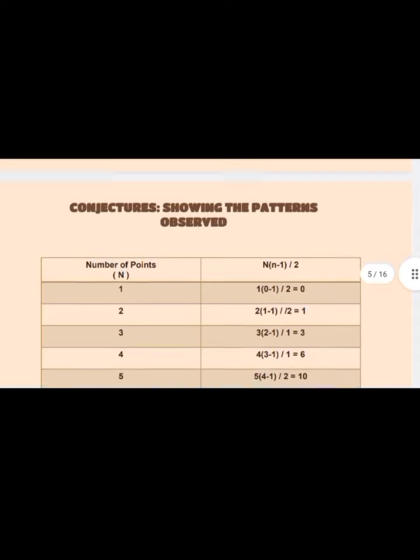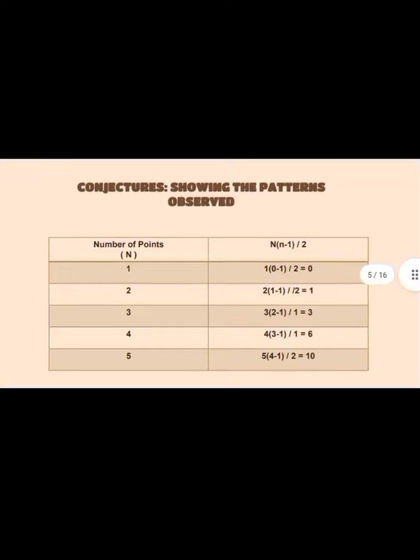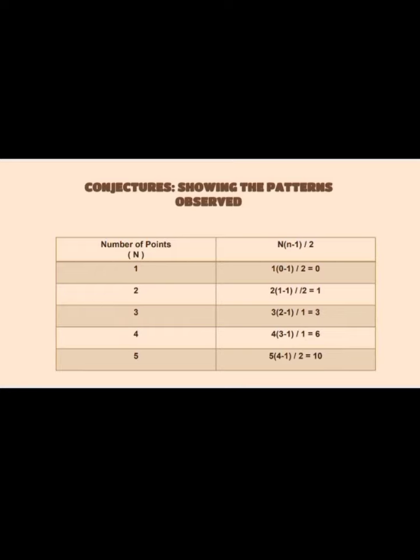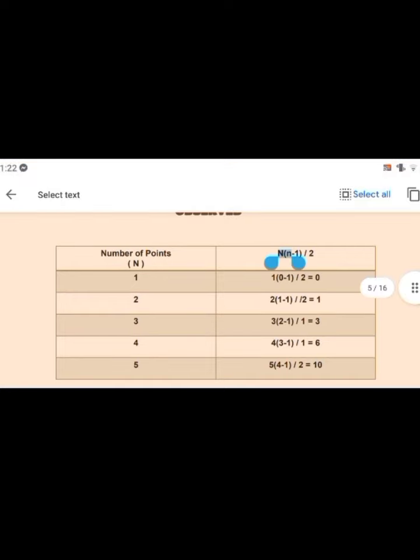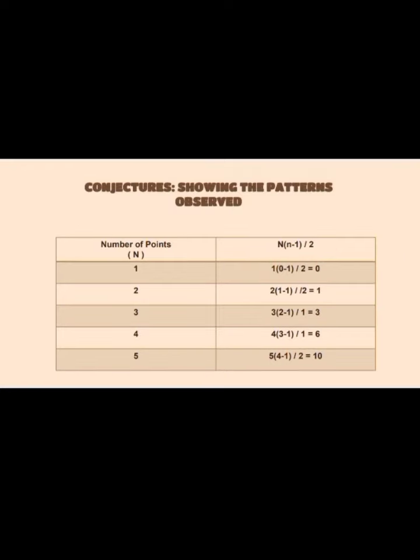Then in the conjectures, we are going to show the patterns being observed. So how are we going to do it in an easier way to determine the chords? It's the same number of points, which is the n. So here's the formula that you are going to use in determining the chord: n times the quantity n minus 1 divided by 2.